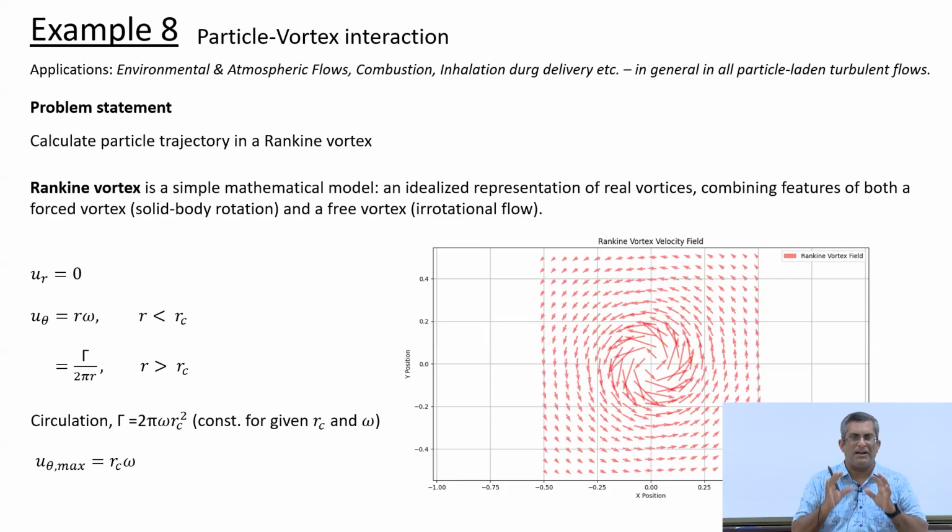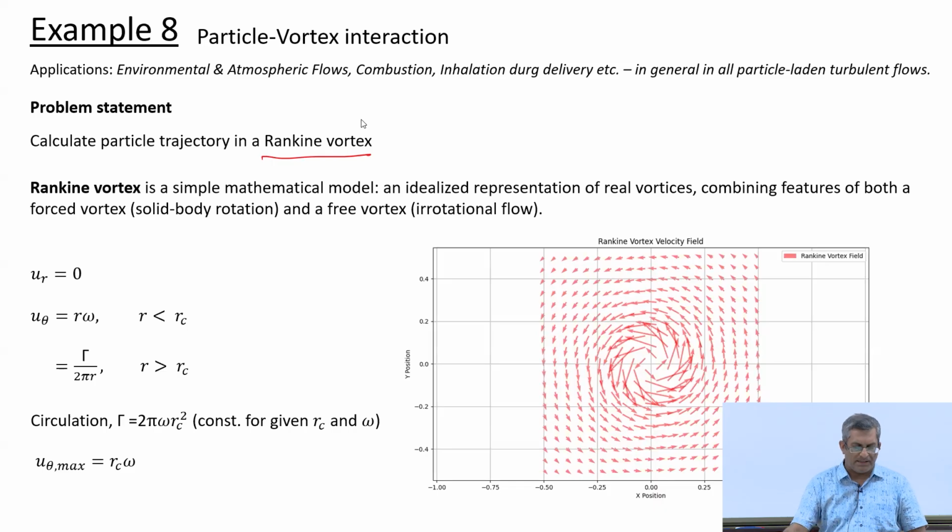If we put particles in that, then the particles would obviously interact with those eddies. So here the objective is to demonstrate that. For that purpose, we consider a model vortex, which is known as Rankine vortex. I am sure you are aware of Rankine vortex.